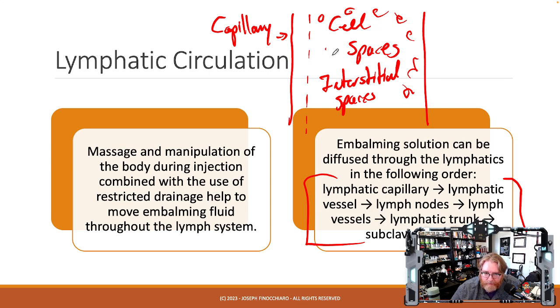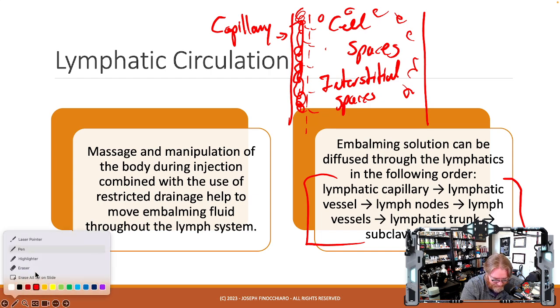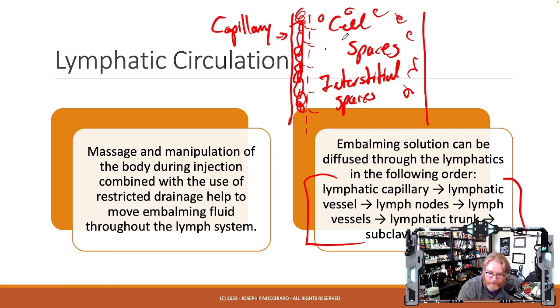And what we know is as you are injecting, we are pushing stuff out into the cell spaces from the capillaries, right? That lawn sprinkler effect. And what we just saw in the last couple of slides is the fluid that is in here has a hard time going against the lawn sprinkler.